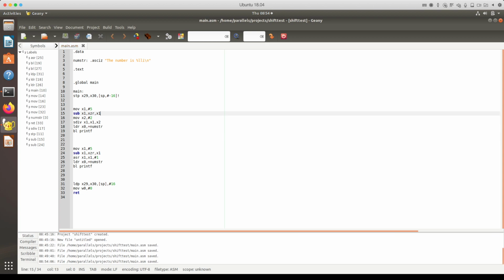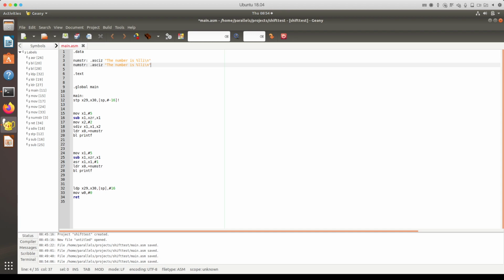All right, and I can reuse the same string, but let's actually make a new one, right? So this one, let's say the division answer is blah. The arithmetic shift answer is blah. And then we'll put this one num string 2.